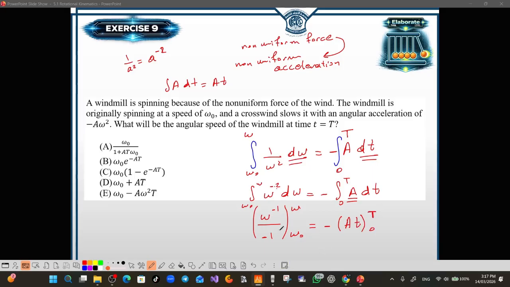Now we can rewrite this equation such that we return the omega to the power minus 1 into the denominator, so it becomes a plus. So minus 1 over omega, with boundaries omega 0 to omega, equals minus a t from 0 to capital T. I will make some space here.